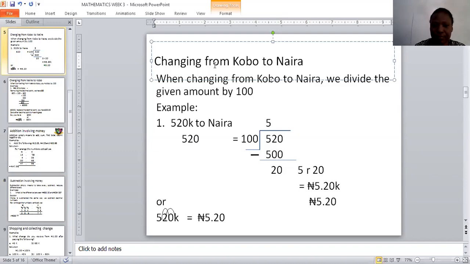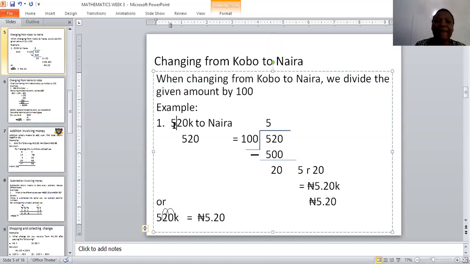Example: change 520 kobo to naira. You divide 520 by 100.